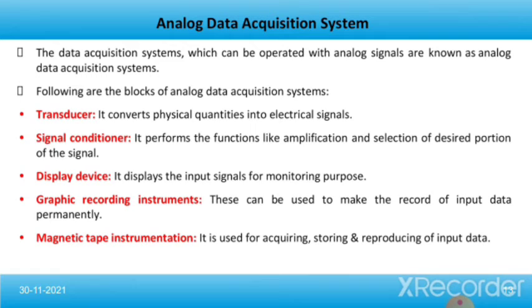The signal conditioner performs functions like amplification and selection of the desired portion of the signal. Next is a display device. It displays the input signals for monitoring purposes. Next are the graphic recording instruments. These can be used to make a permanent record of input data. And lastly, magnetic tape instrumentation. It is used for acquiring, storing, and reproducing input data.